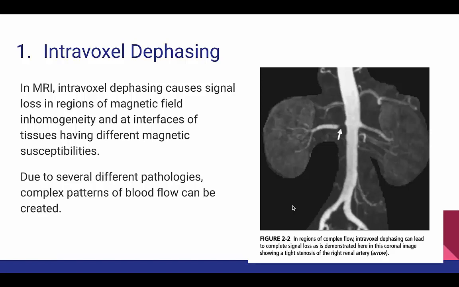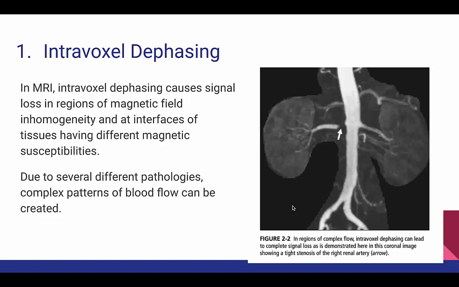And due to several different pathologies, complex patterns of blood flow can be created. So this means that, let's say we have different flows, it's not really a stable environment, especially in the case of a narrowed vessel. This sort of thing can happen.